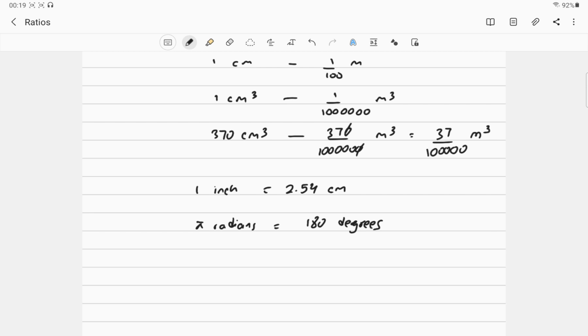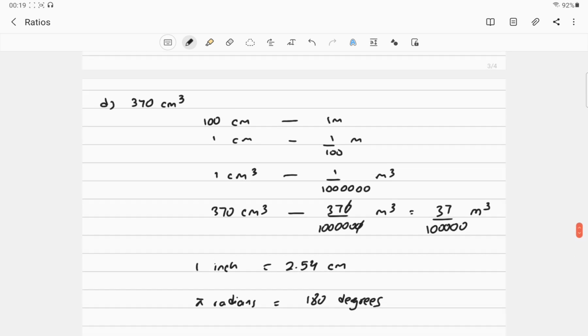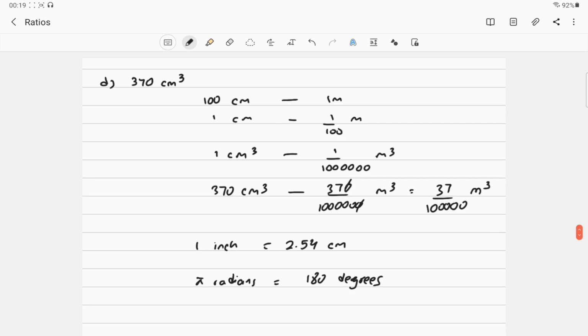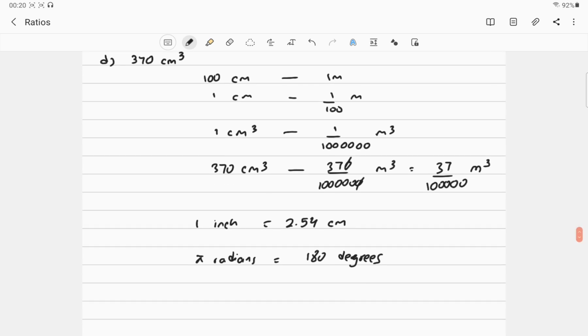That's not how it works. You just need to know the concept behind things, and you can get around easily with any type of problem that you come across. So yes, that is ratios, and that is a pretty handy technique in maths.